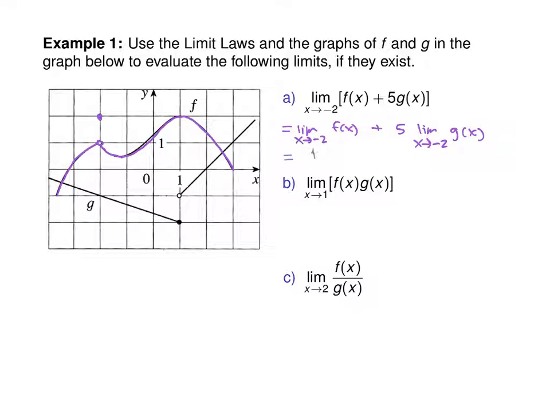Even though that dot is filled in up there, if your worldview is just getting close to but not equal to -2, you're getting close to 1, even though there is that jump. Because you're only close to -2, you don't know what happens at -2. Pretend it's something that's not in your field of knowledge. How about g? -1. And so then the result there, I believe, will be -4.